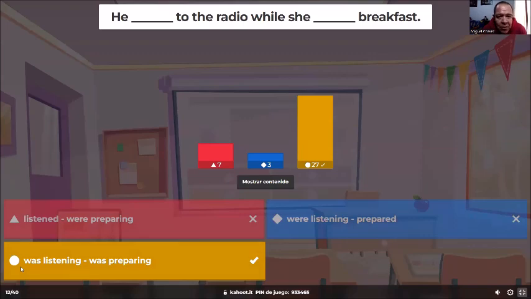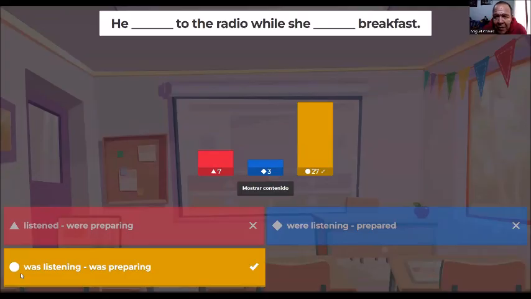He was listening to the radio while she was preparing breakfast. In this example, we have again two activities happening at the same time.